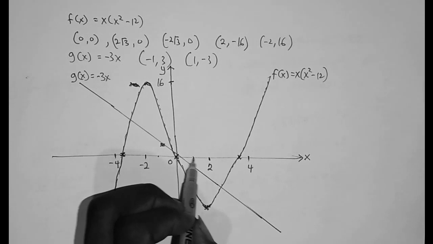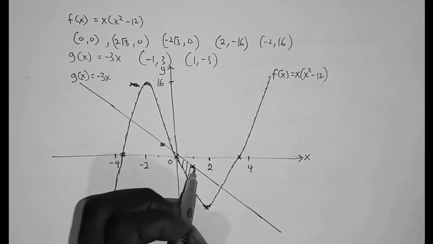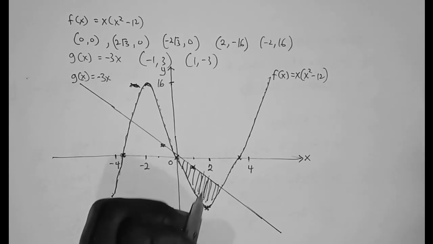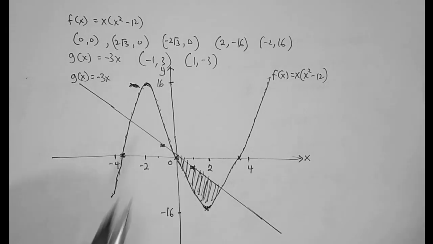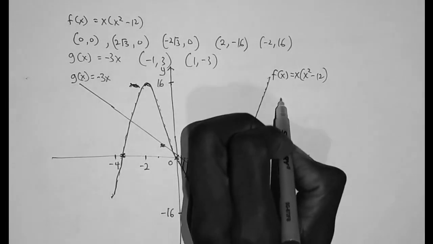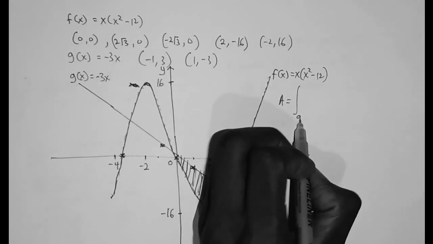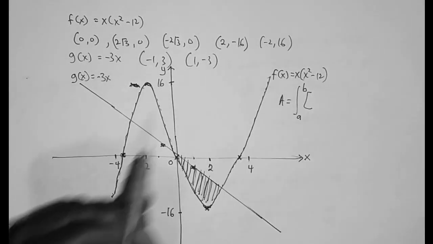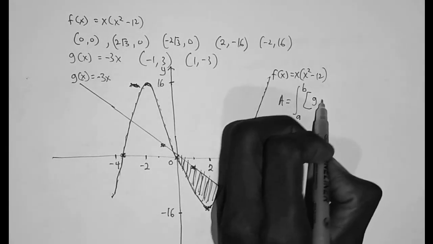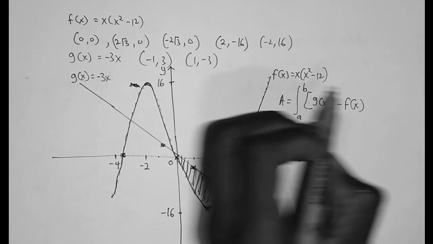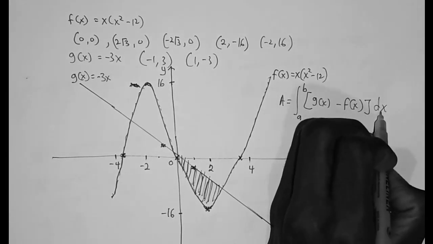So this is the values for which the graph of x is less than 0. And therefore they are asking us to find this region. So if it is this region, we see that the area A is equal to the integral from the lower limit a to the upper limit b of the curve g of x minus f of x dx.